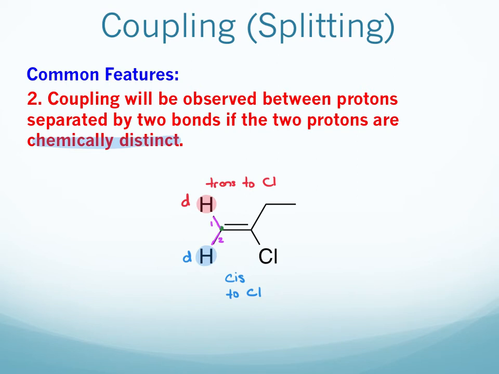Also, this two-bond splitting tends to be much smaller than a typical doublet splitting. So if a typical doublet may show up like this, for this two-bond doublet, they're often much, much closer together.